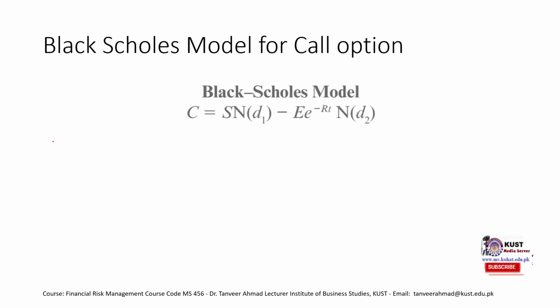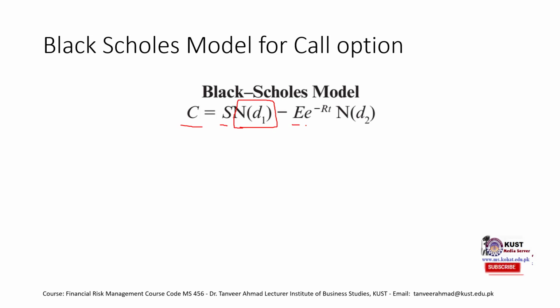So starting with the Black-Scholes model, we have seen this model in the previous lecture. The premium of call option is equal to S, which stands for spot price, into N(d1). We will determine this N(d1).